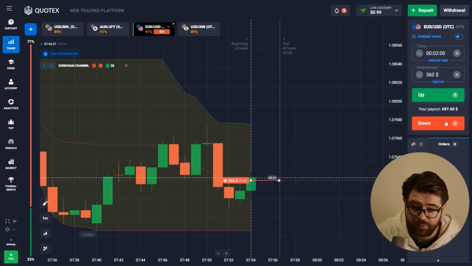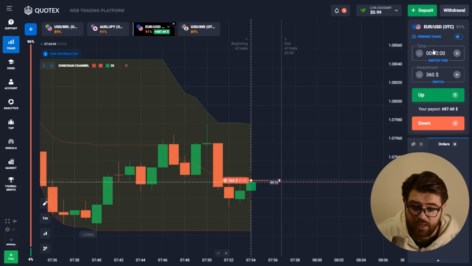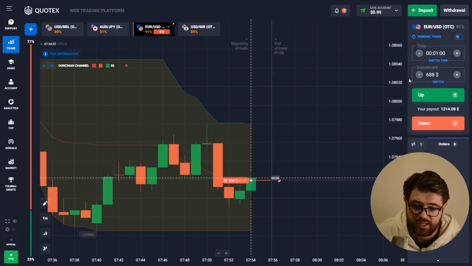Actually, I go for a put option here as well, because again, we could draw a resistance line here, looking at the other candles on the left.